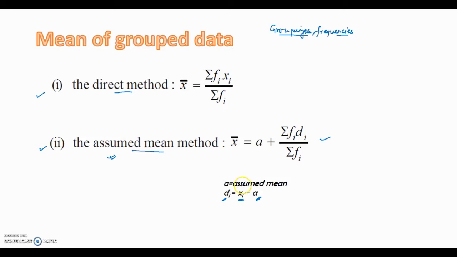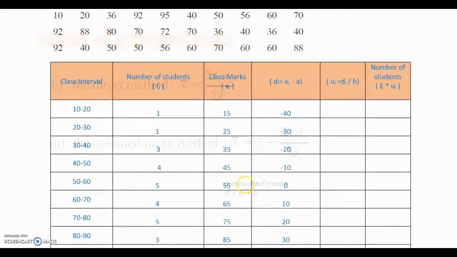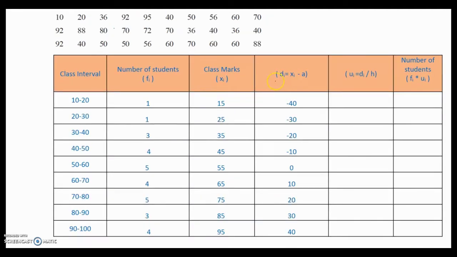Let's go to the same question and understand the third method to find out the mean. Here is the question which we had taken up last time. The values of di are given. We had assumed 55 as the assumed mean, and then we calculated all the deviations of the assumed mean from the given class marks.